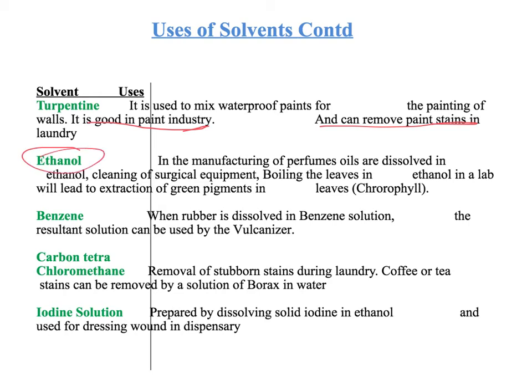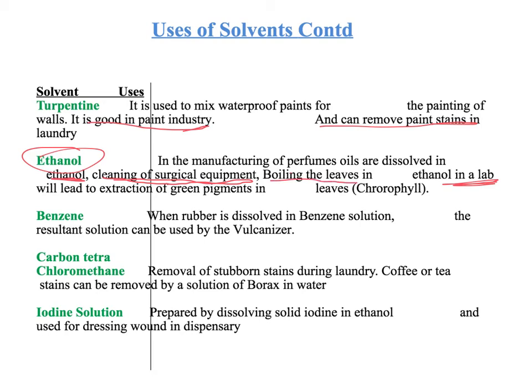Then we have ethanol, which is used in the manufacturing of perfume, because such oils can dissolve in ethanol. You also use it for the cleaning of surgical equipment in hospitals. It can also be used in the laboratory when you want to extract the green pigments in leaves.